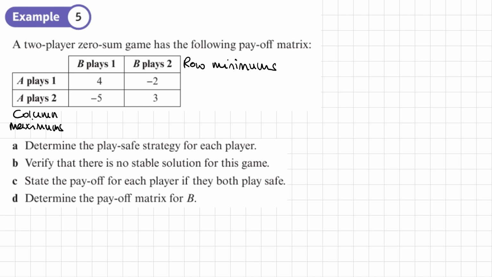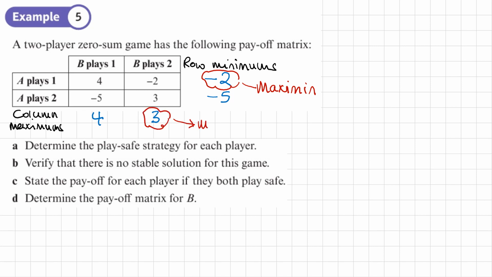So the row minimums are -2 and -5. So the maxi-min is -2, and the row maximums are 4 and 3. So the mini-max is 3.